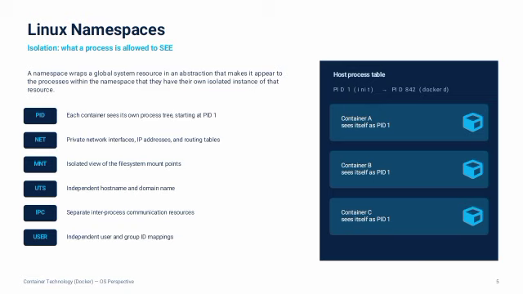IPC namespace for isolated inter-process communication, and user namespace for independent user ID mapping. As you can see on the right, even though the host sees these as ordinary numbered processes like PID 842, each container itself believes it's running as PID 1, completely unaware of the other containers around it.